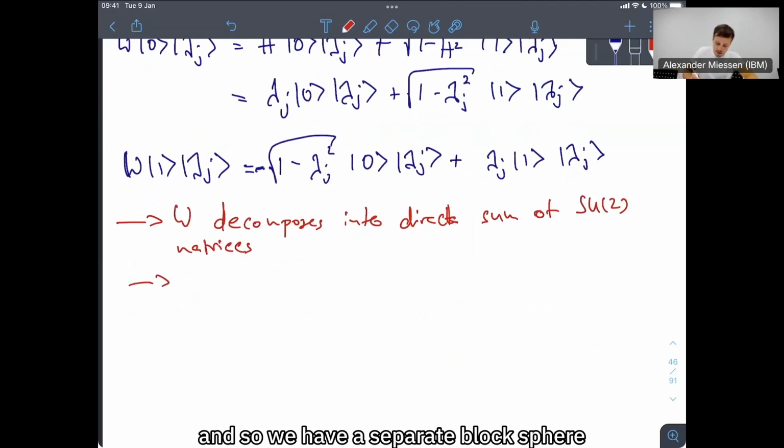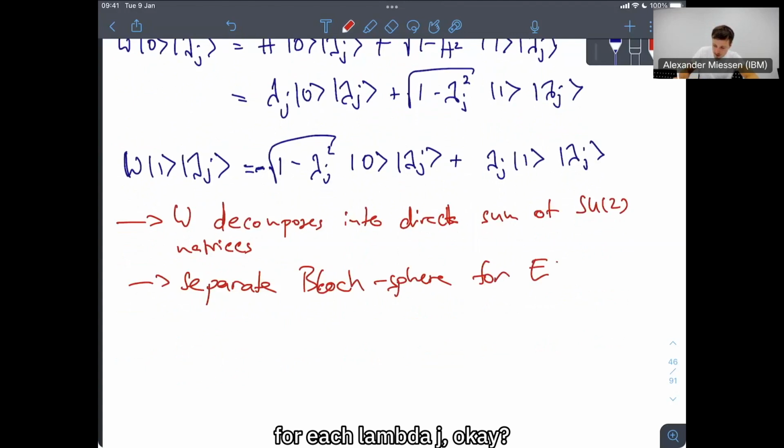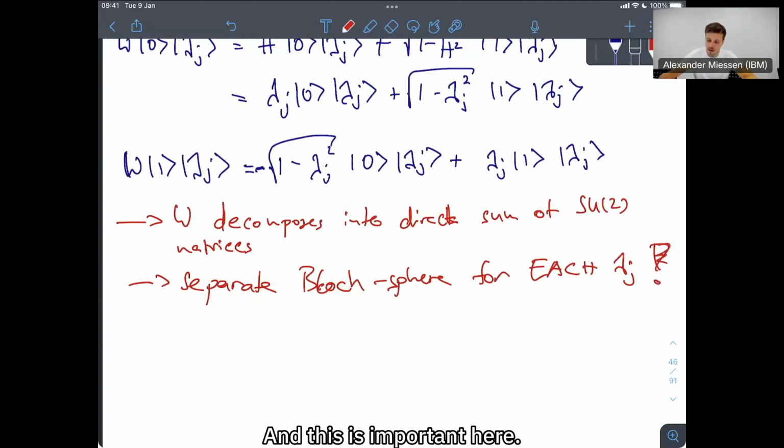And so we have a separate block sphere for each lambda j, okay? And this is important here.